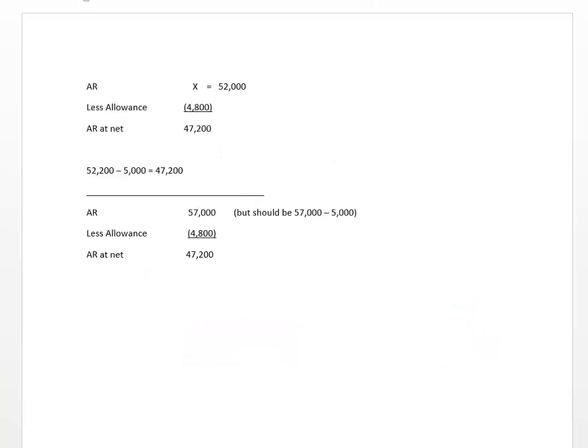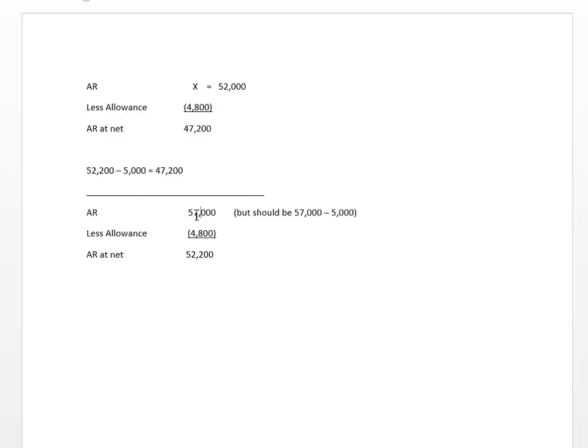Another way you could have thought about it, so that first method that I talked about is just up here. The other way you could have thought about it, some students said, well, why don't I just take the net balance as I had it at $52,200, and if I add my $4,800 to it, I'm going to get a gross balance of $57,000. But I know that gross balance includes $5,000 in accounts receivable, right?